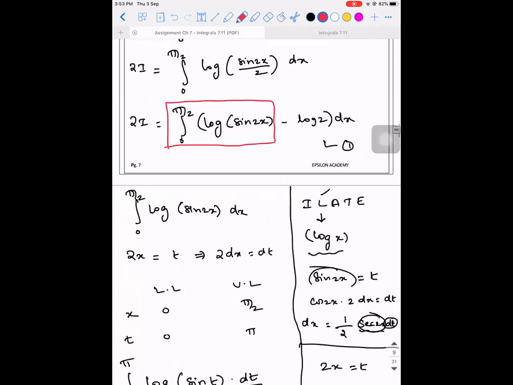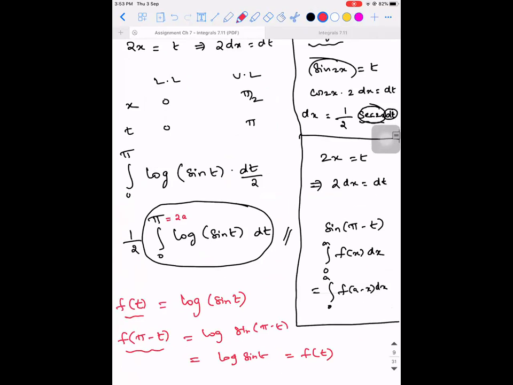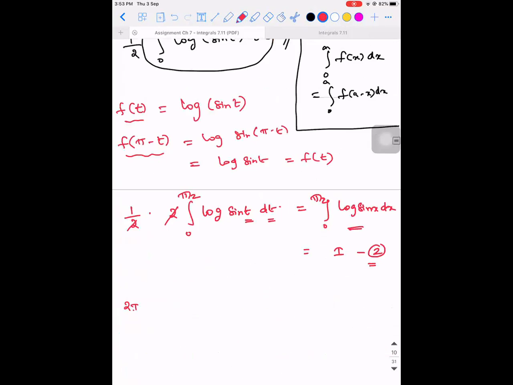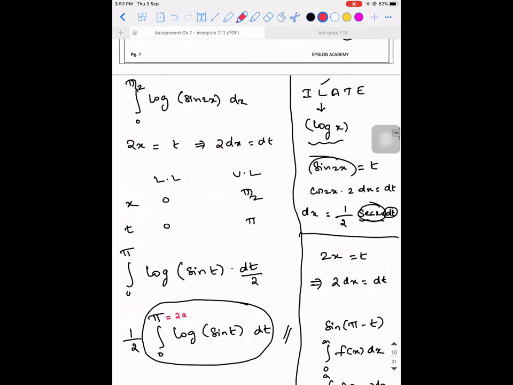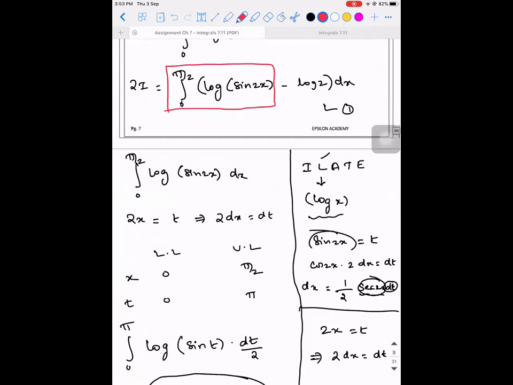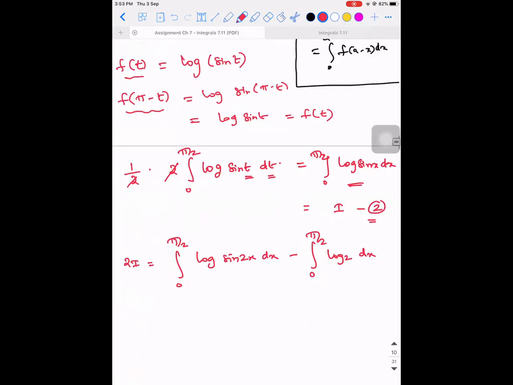What was the first equation? 2I is equal to integral of 0 to pi by 2 log of sine 2x dx minus integral of 0 to pi by 2 log 2 dx. You can check. But what did we get this whole thing as?